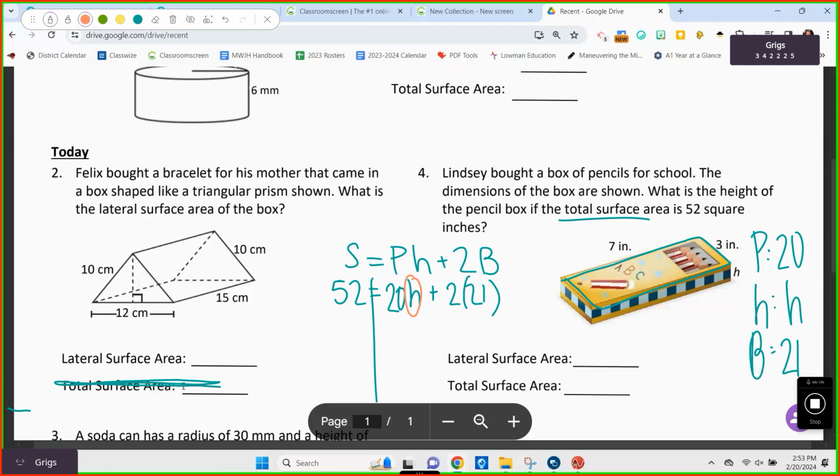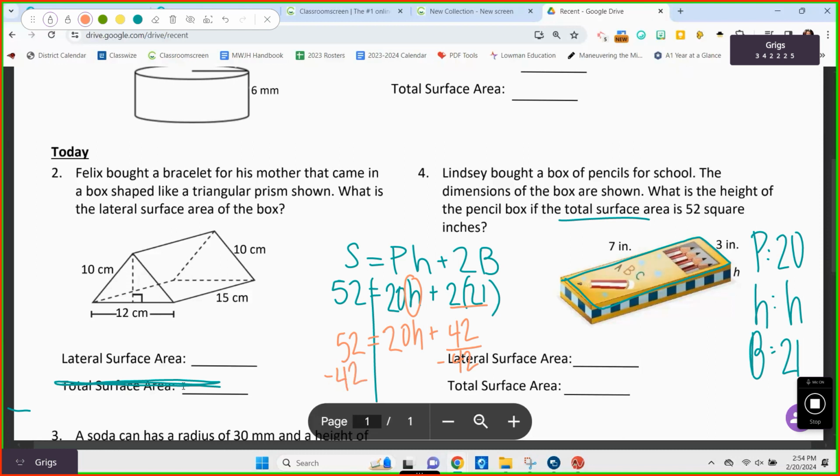And when I'm balancing equations, I work furthest from the variable first, right? I isolate the constant. So if I got 20h plus 42, what would I cancel out to the other side first? The 2 times 21 part. The minus 42? Yeah, because I cancel out my constant.